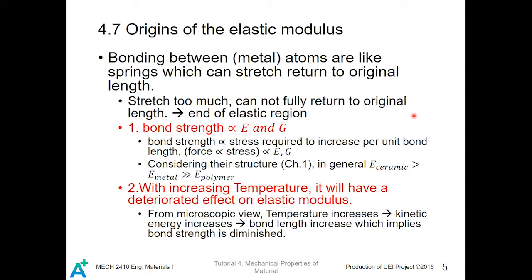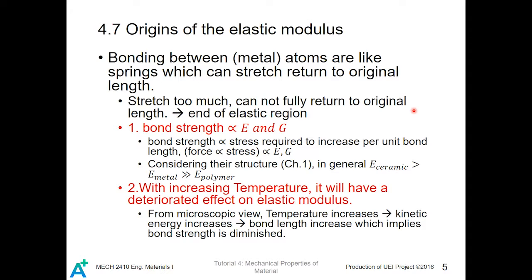Regarding the elastic modulus, the bonds between metal atoms are like strings, which can stretch and return to original length. But if you stretch it too much, it cannot fully return to the original length, which is represented by the end of our elastic region.